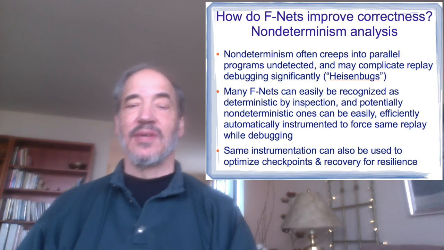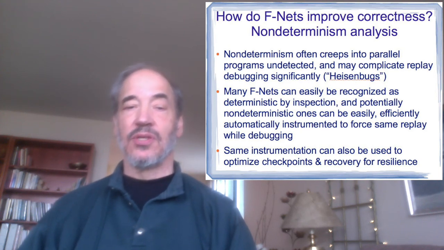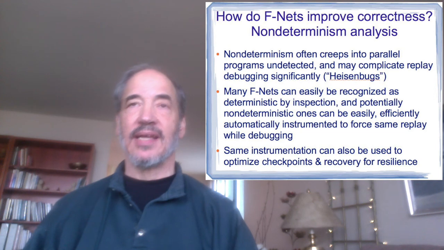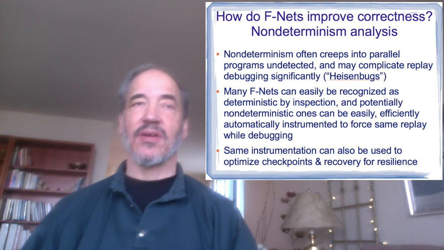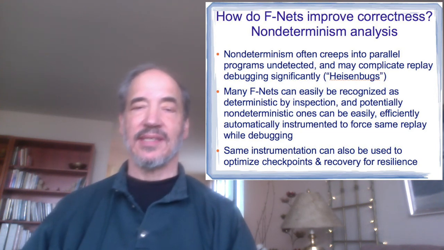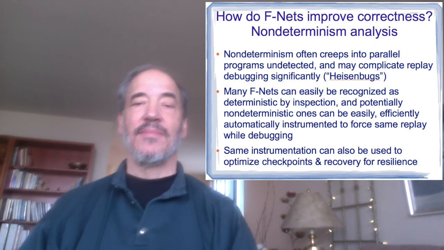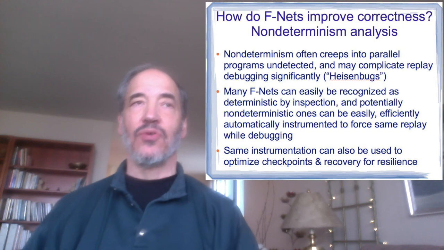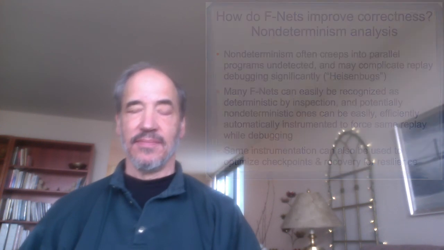That same approach can also be used to optimize checkpointing and recovery, because, for example, as long as you have a checkpoint of some certain place and a record of all of the non-deterministic choices that have been made, if something goes wrong after that checkpoint, you can re-execute with exactly the same results. So, FNets have lots of desirable properties.